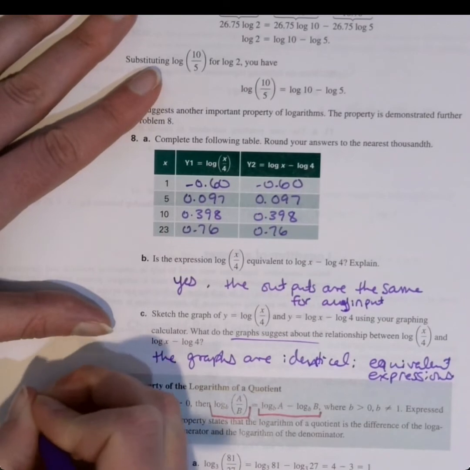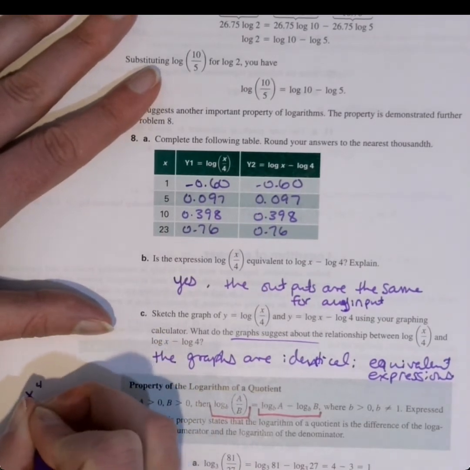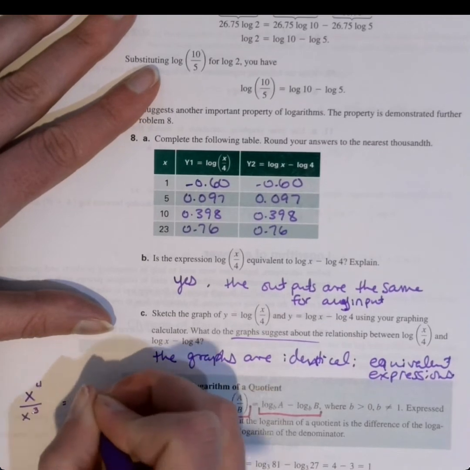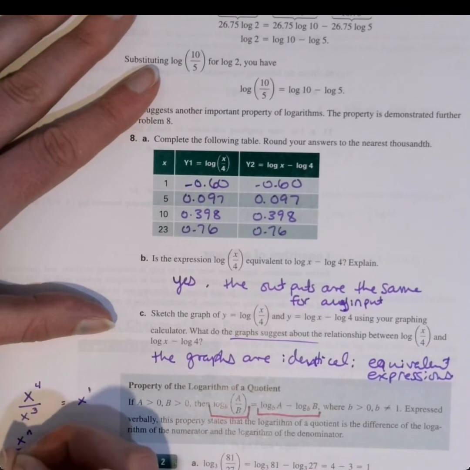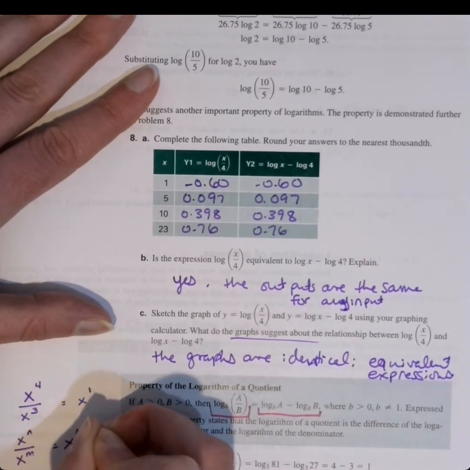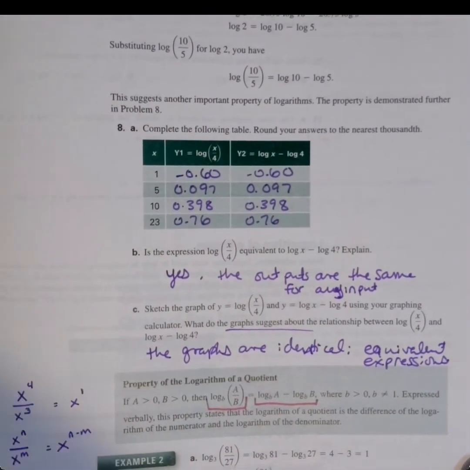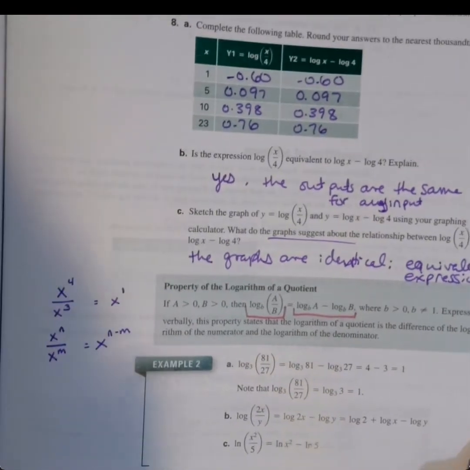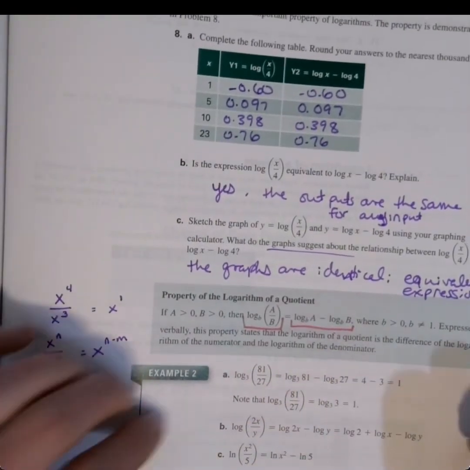If you had x to the 4th over x to the 3rd, that would be x to the 1st, or whatever it was, x to the n over x to the m is x to the n minus m. So we subtract powers when we're dividing with exponents. So if we are dividing inside of a logarithm, we're going to subtract the logarithms. So analogous properties there.